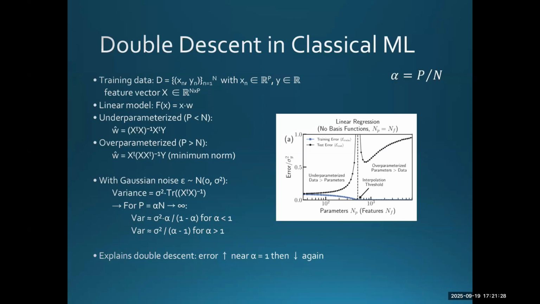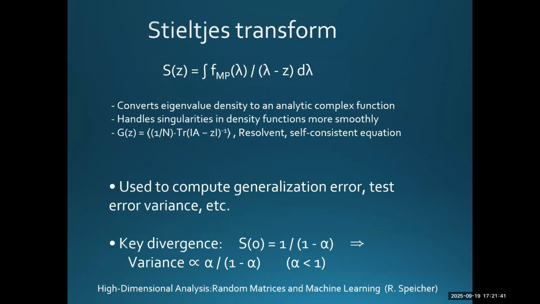So the variance is a function of P over N and the variance of the Gaussian noise. It is well known in the machine learning field. To calculate this formula, they use the Stieltjes transformation from the MP distribution. Using this formula, we obtain S0. And from S0, one can obtain the variance. You can consult this very nice book.